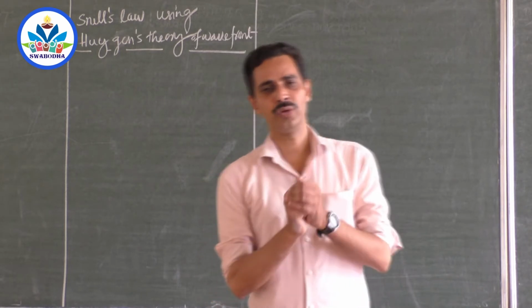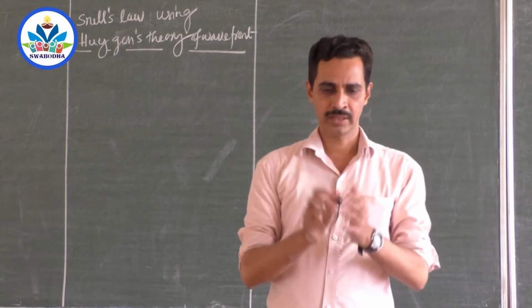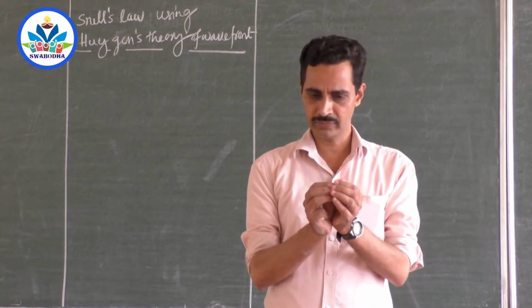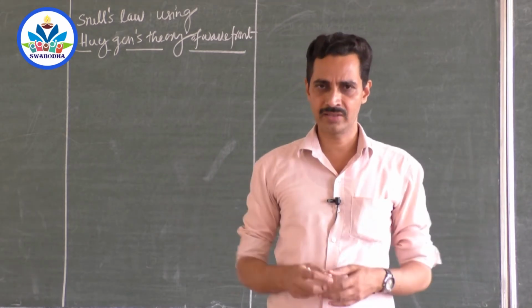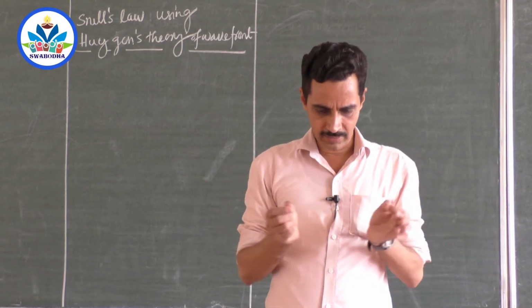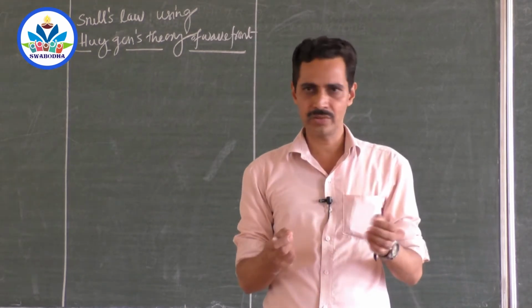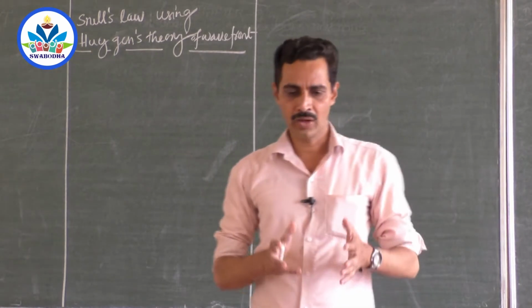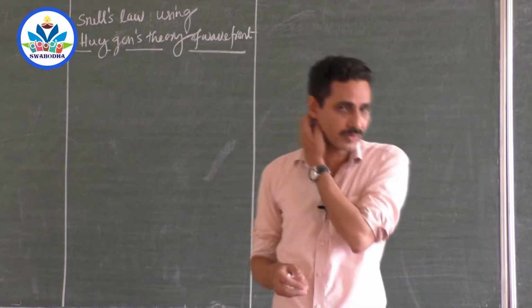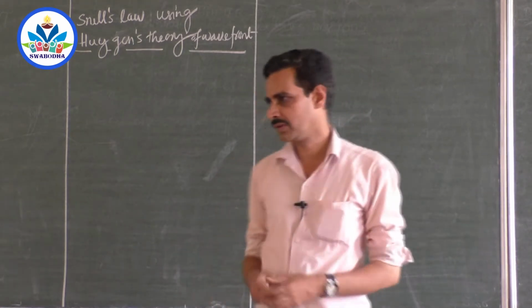Huygens gave his own idea that, suppose there is a point source of light, there are spherical wavefronts which keep growing in size. Every point on this primary wavefront acts like a secondary source and gives its own waves, and the wavefront grows. All these secondary waves move only in the forward direction, so the light moves forward.